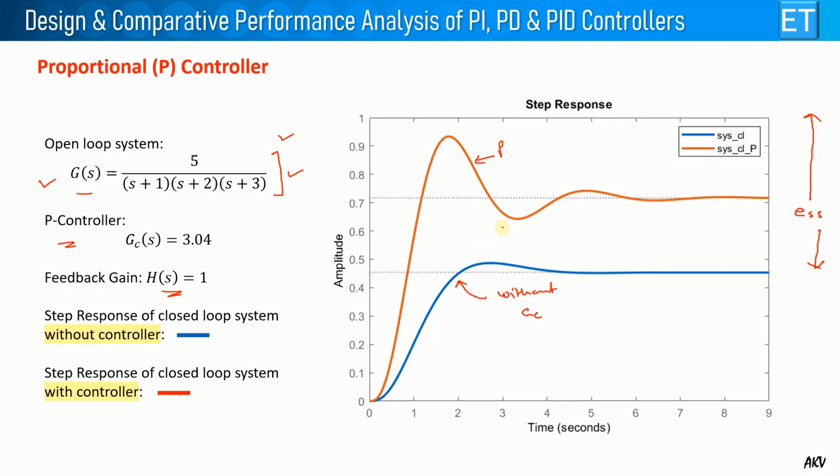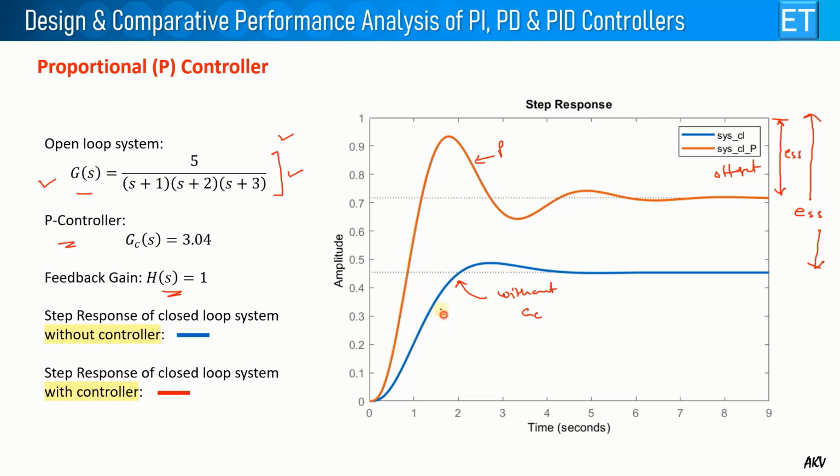But as I said, the P controller cannot handle the steady state error, and also gives the offset. Still I am not able to get ESS 0, so I am still getting some ESS in the form of offset.